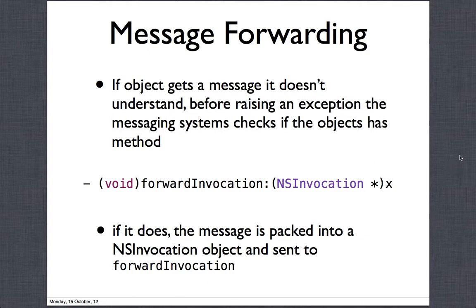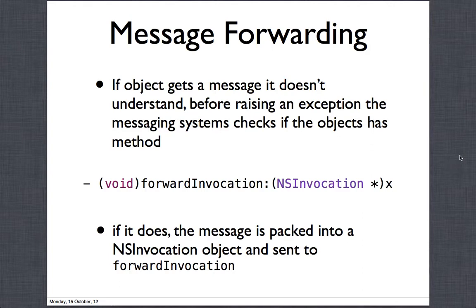In other words, it checks if you, by any chance, have some ability to forward the message you don't know how to understand to somewhere else. So if you do have this method, the exception is not raised, and the message is being forwarded. Actually, this method is being called, and whatever you put in that method will be run. The idea is, if you don't know how to react to the message, you probably might know someone or something that can react to this message.